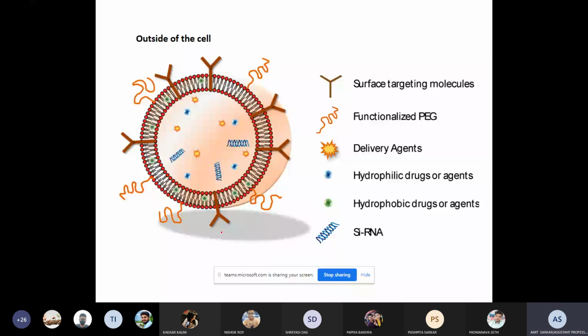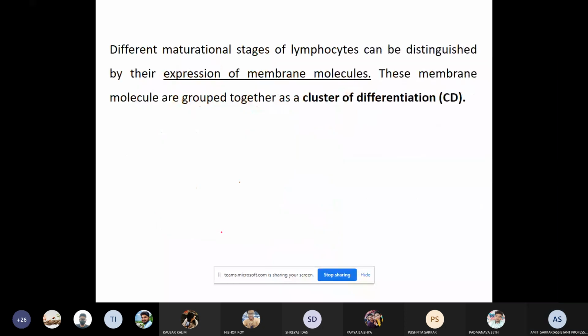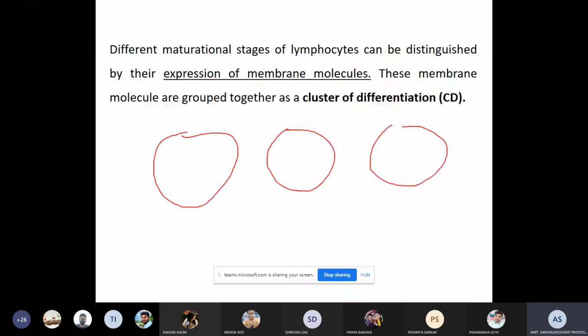Okay. Now, all these chemical components have been grouped together and named as cluster of differentiation, or CD. That means I'm trying to say that this is one type of cell, this is another type of cell, and this is another type of cell. Say this cell has A, B and C, three different types of components on its cell membrane.